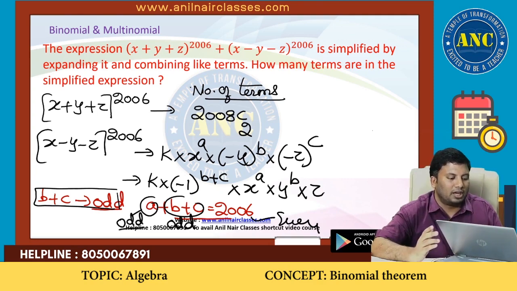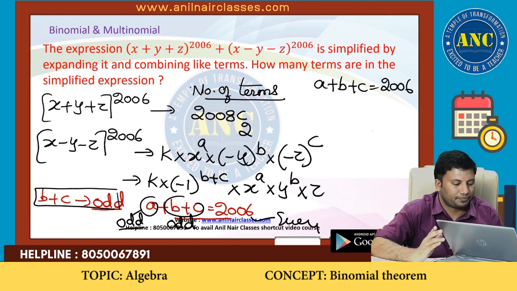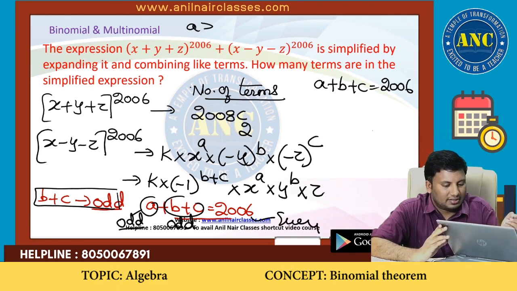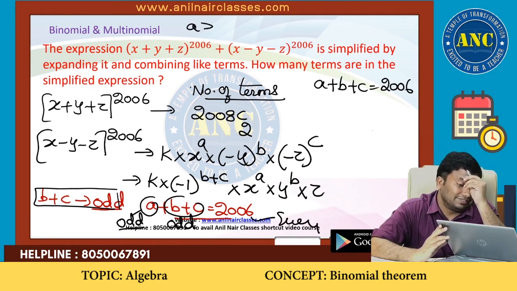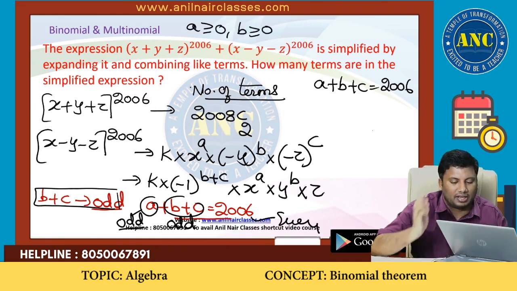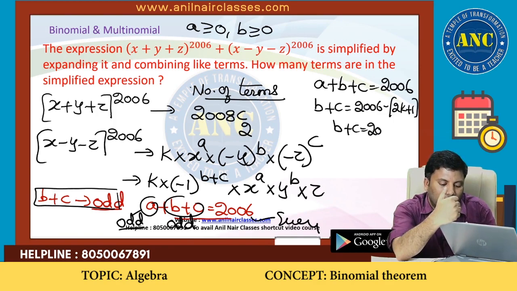A and b are greater than or equal to 0. Now b plus c is 2006 minus (2k plus 1), which is 2005 minus 2k.